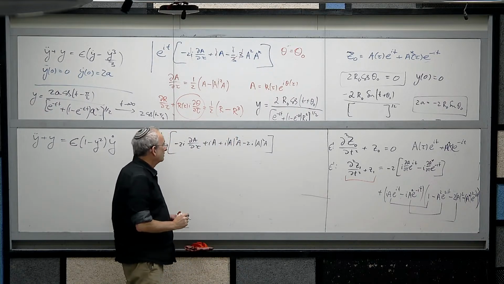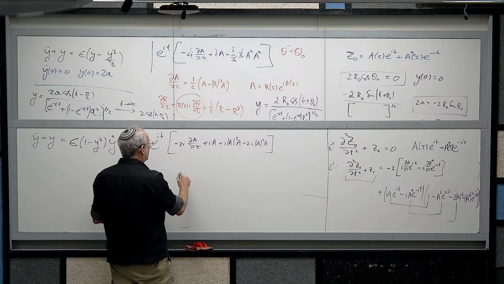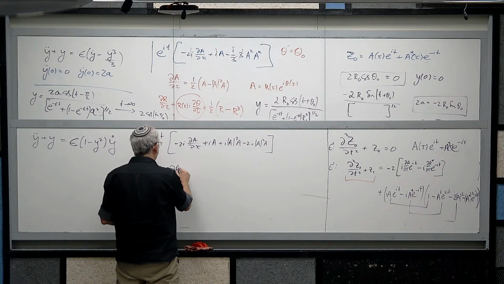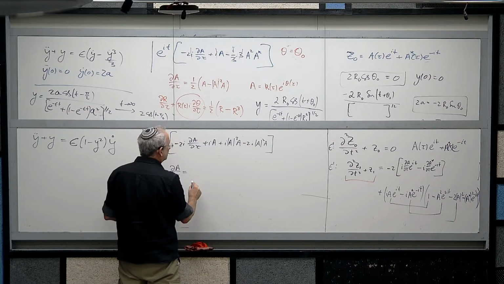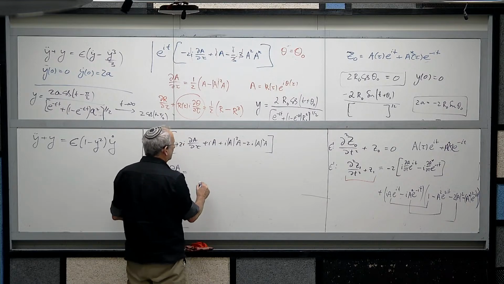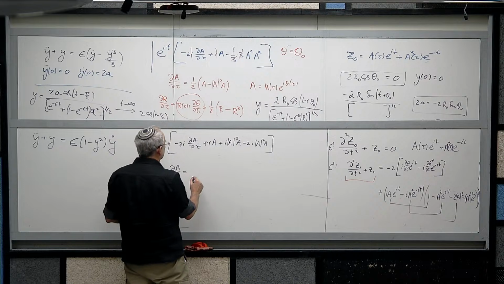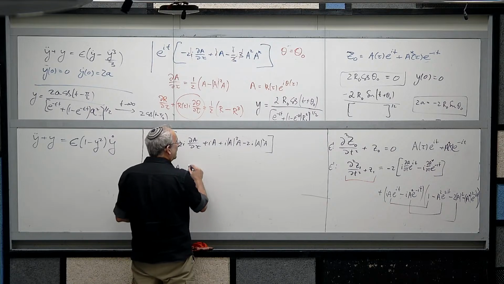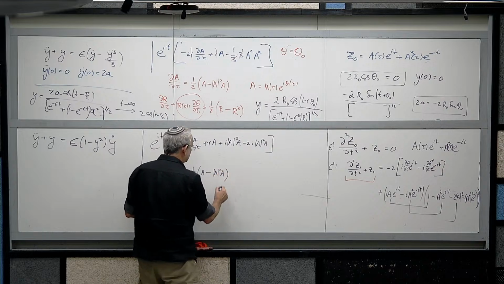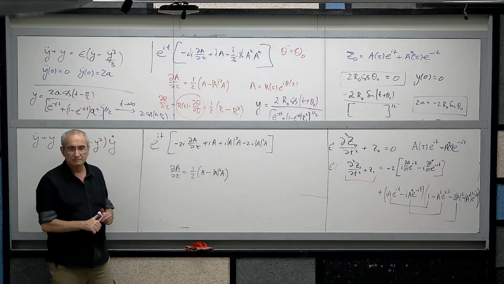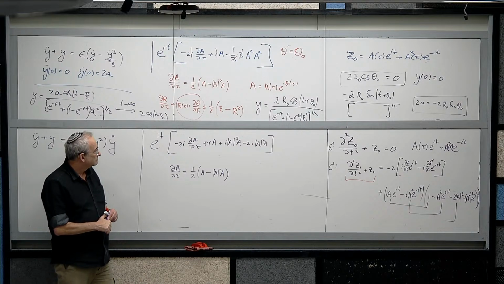You can now stop. And so all in all, we have dA over d tau equals 1/2, all the i's are going away. I have 1/2 of A minus A squared A. No, wait.